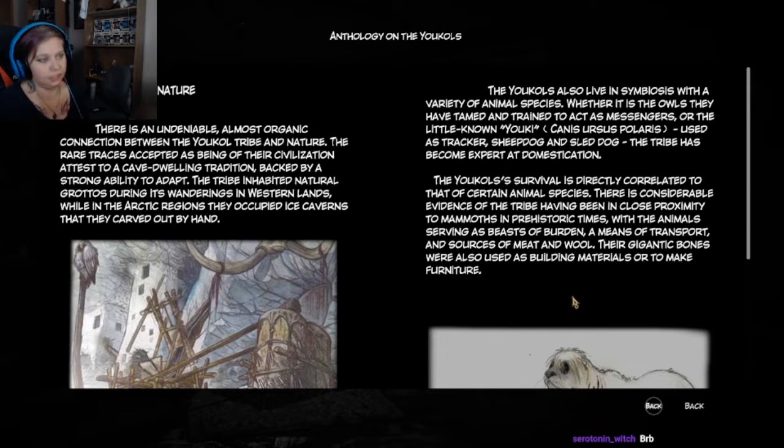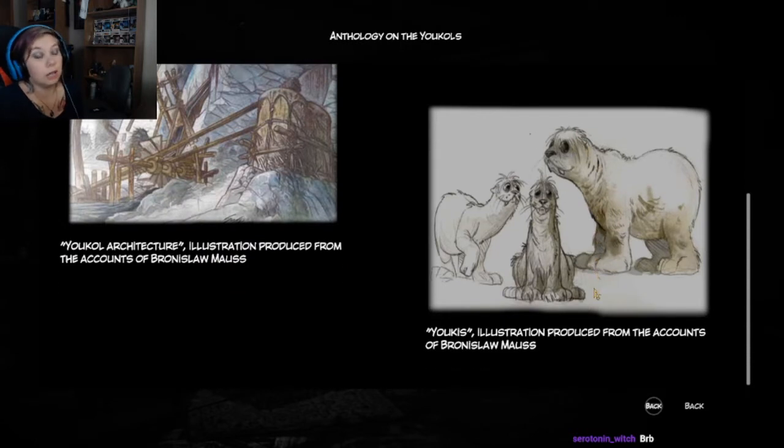That makes perfect sense. Their gigantic bones were also used as building materials or to make furniture. I mean, eventually it would probably become very brittle and break, but hey. Did I say it right? Symbiosis? BRB.